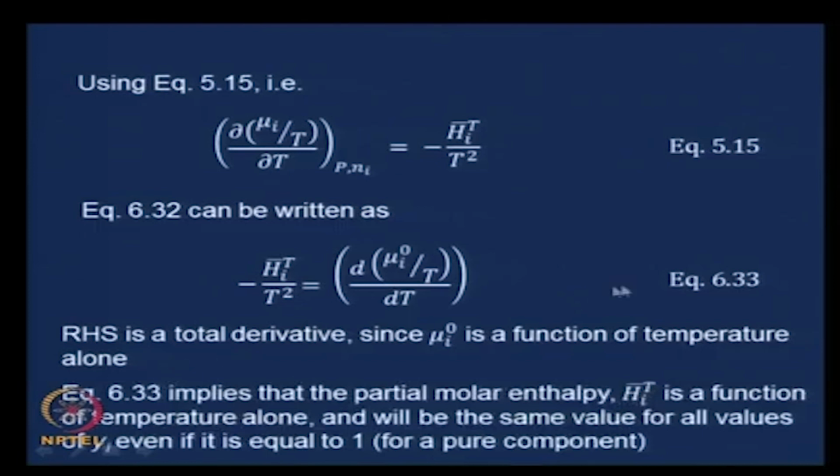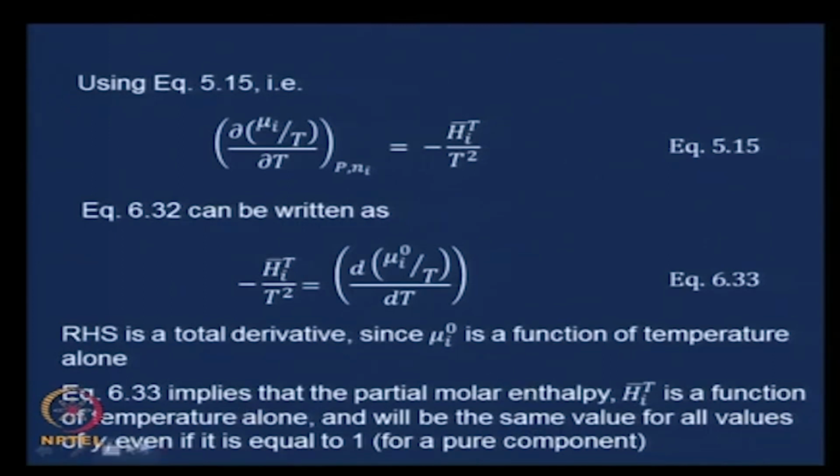Now, equation 633 says something important. It implies that the partial molar enthalpy H̄_i is a function of temperature alone, and more importantly will have the same value for all values of the composition, because it is independent of the composition.